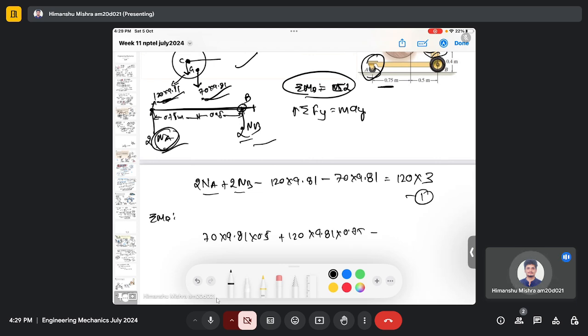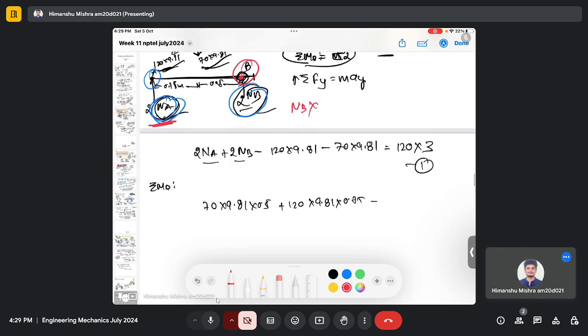I am taking the moment at point B because then this force NB will not create any moment. Similarly, if you take the moment at point A, then this force NA will not create any moment. So you will have only one unknown, either NB or NA. Here we take the moment at point B, so there will be no moment from NB, and the only unknown you will have is NA.